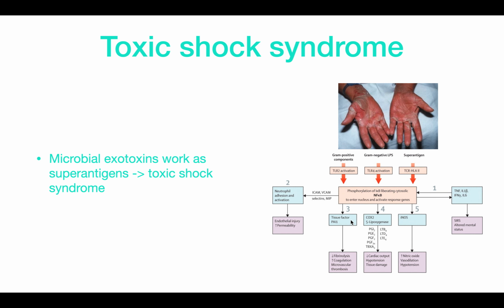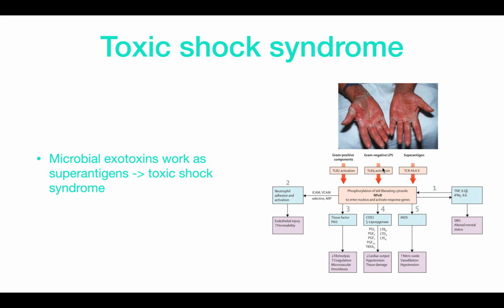Okay, so toxic shock syndrome is going to be a microbial exotoxin, and it works as a super antigen. What's a super antigen? Super antigen can bind to several immunoglobulins, activating a lot of B cells, which produce a lot of cytokines, basically. So as you can see, they can activate both TLR2 and TLR4.